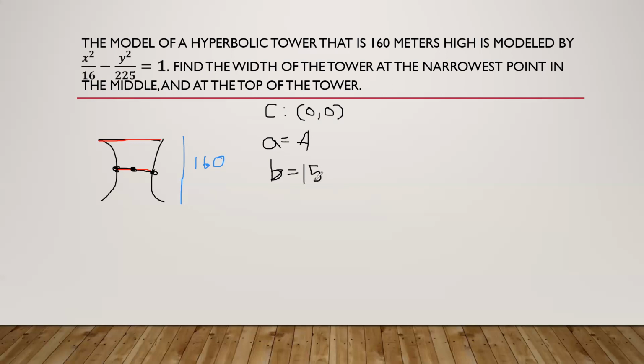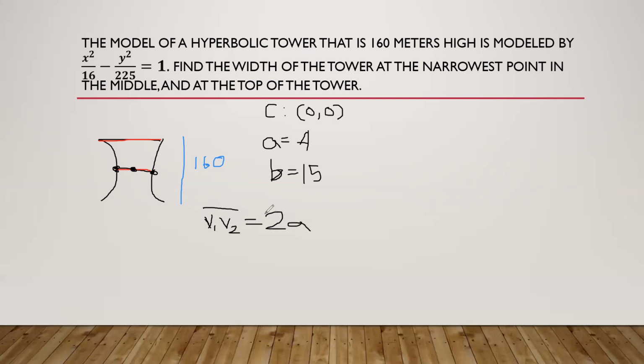Now we can get the width at the narrowest point in the middle, because remember that the line segment from one vertex to the other vertex is just 2a. So let's write line segment V sub 1, V sub 2 is just 2a.